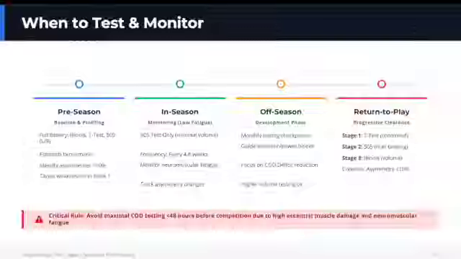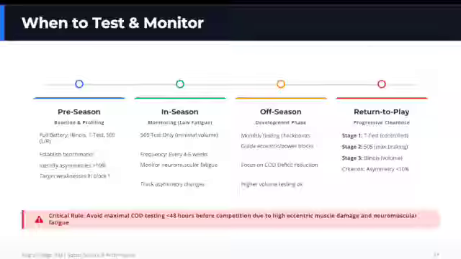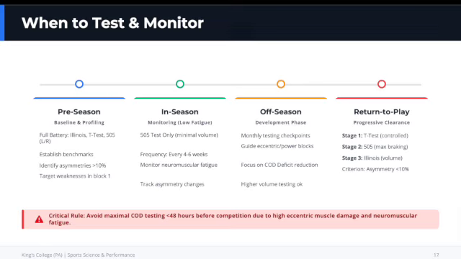In season, you do monitoring with low fatigue, 505 test only because it's minimal volume, with a frequency every 4 to 6 weeks, and you have to monitor neuromuscular fatigue and track asymmetry changes. When you go to the off season, then you start the development phase with monthly testing checkpoints, guide eccentric and power blocks, focus on change of direction deficit reduction, and you can use higher volume testing.